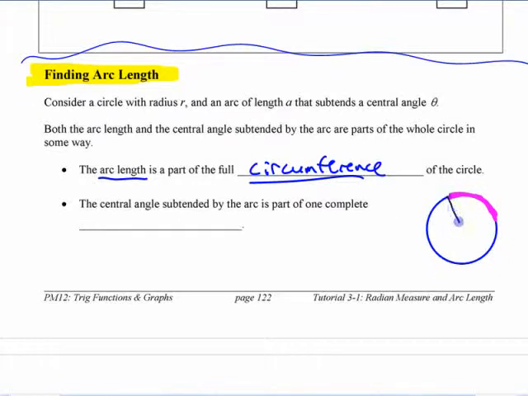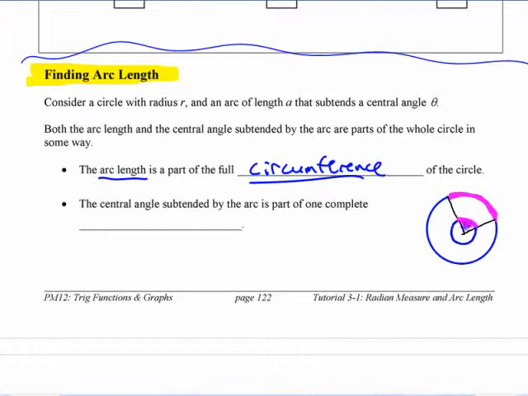If you draw the angle in the center, this angle compared to the full turn. So these are proportionally the same here, right?